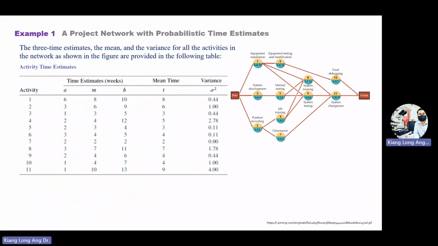So from the table, you see A and B. A is 6. 6 is the estimate, that they estimate 6 weeks. This one is in weeks, so 6 weeks. This one is 10 weeks. So which one is pessimistic? Which one is optimistic?